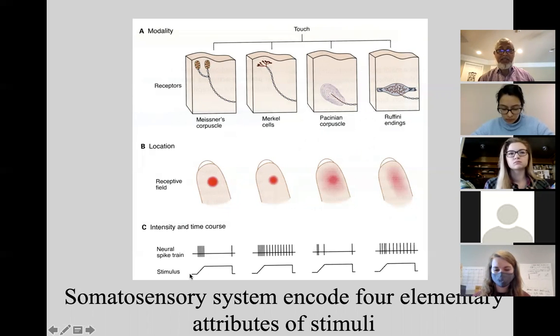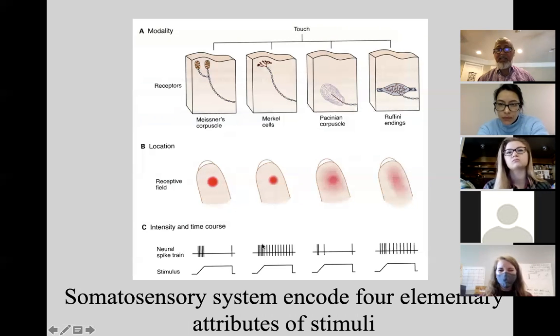Now look at the stimulus here. The same stimulus is applied, same intensity, same duration. You apply a stimulus of the same intensity and same duration in all these four receptors, but look at how they are responding. This one produces some quick response, and then no response at all.